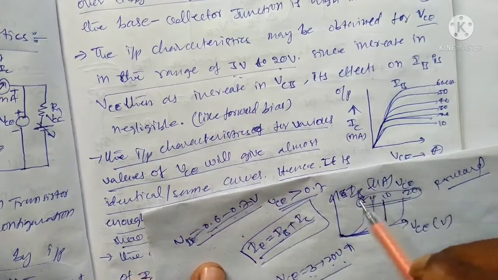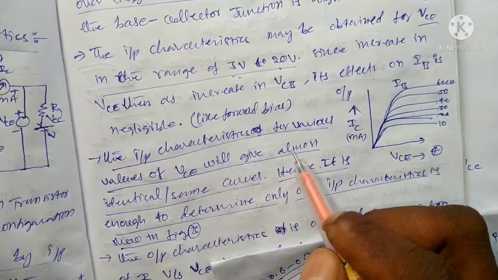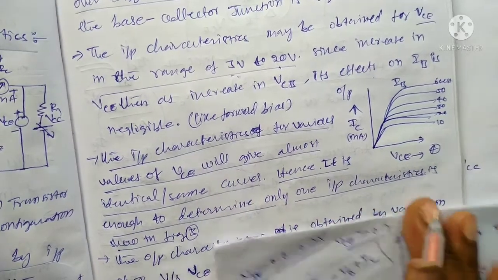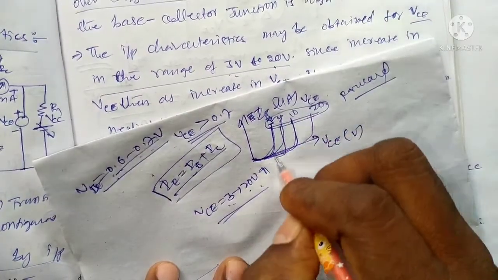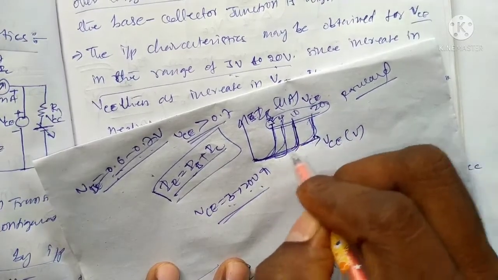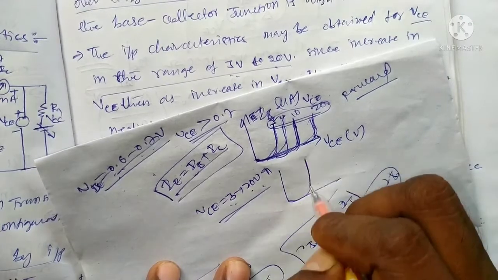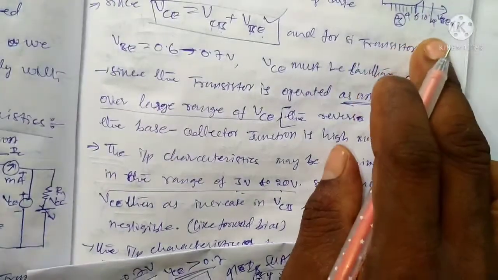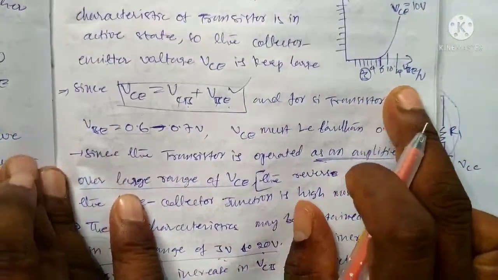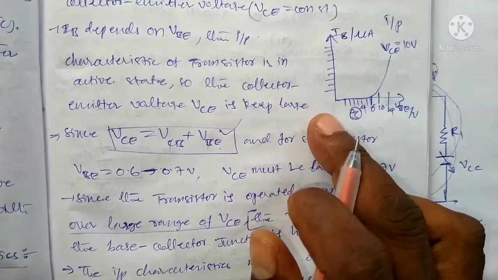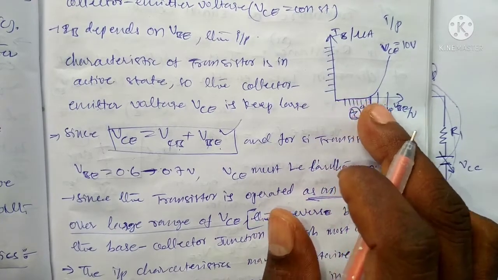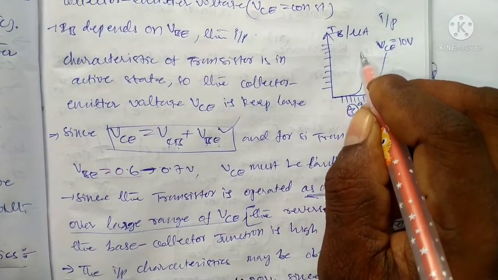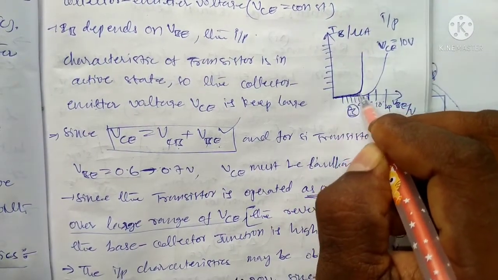Now, in the input characteristics, the variation of the base current with VBE gives almost identical curves. As VBE increases, IB changes up to a certain point.